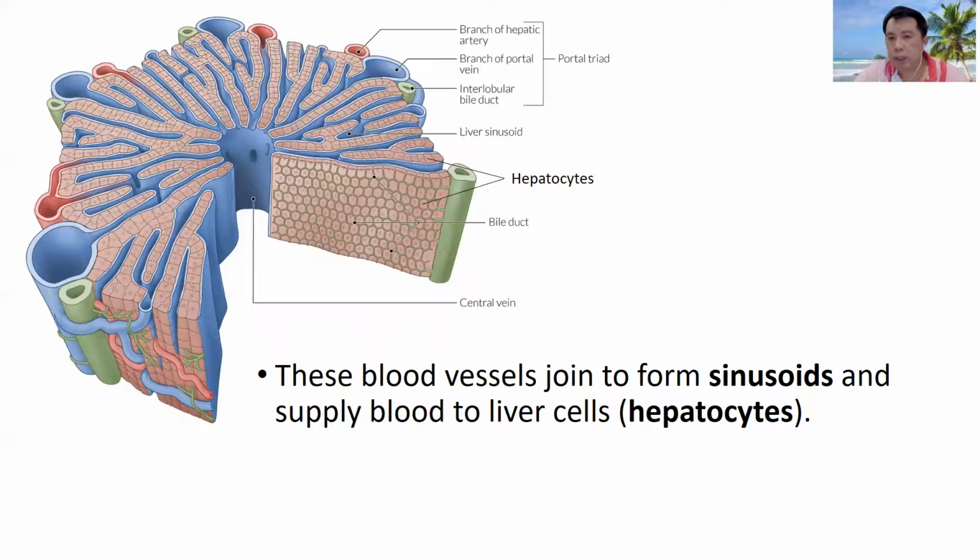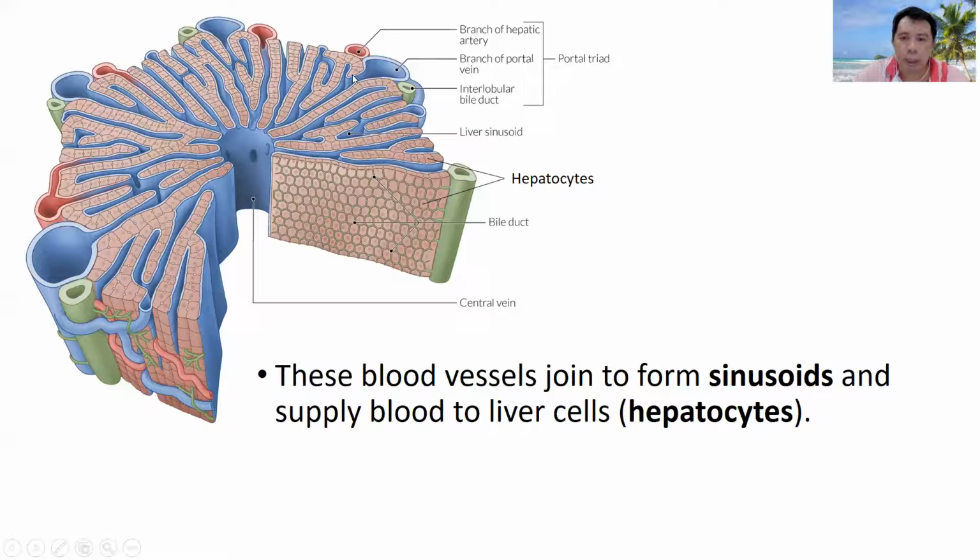These blood vessels join to form sinusoids. In the lobule, like just now, we see the hepatic artery and the hepatic portal veins. They channel the blood to the central vein. Before they enter the central vein, you can see the blood from the hepatic artery and the blood from the hepatic portal vein mix.